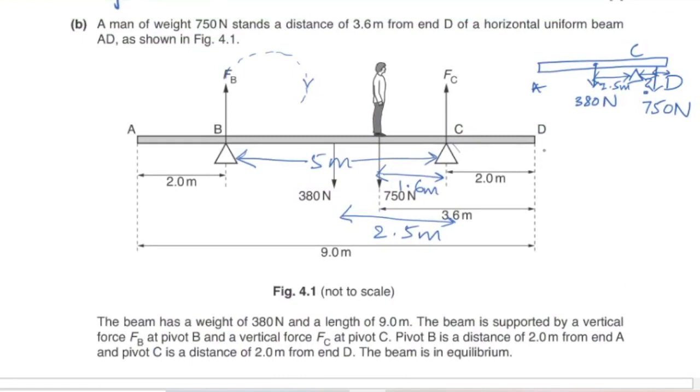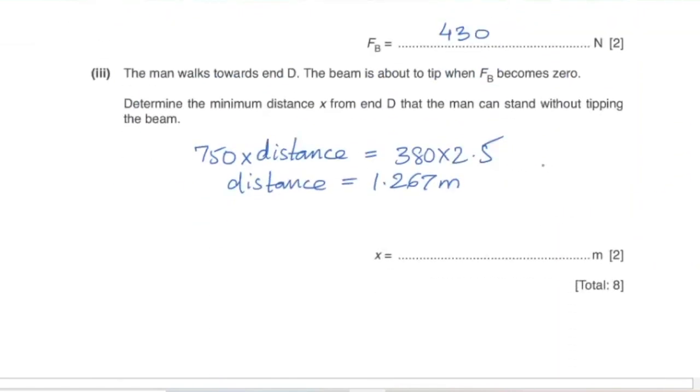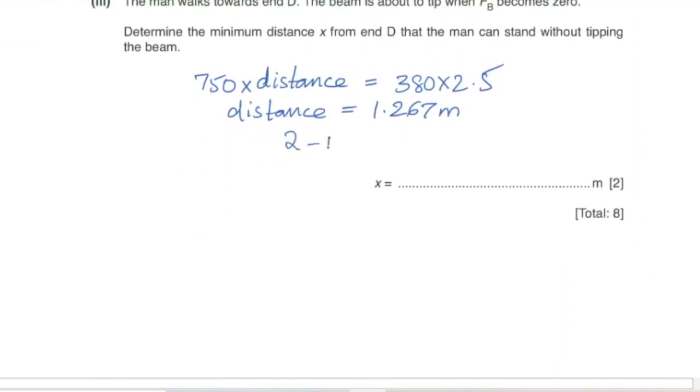Now we know from point D until pivot C is 2 meters, and we have found 1.2667. So now we need to find this distance, which is x. So we subtract 1.2667 from 2 to get the value of x, and this is equal to 0.7 meters.